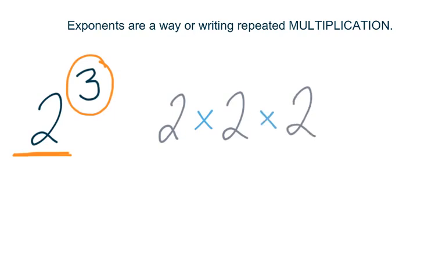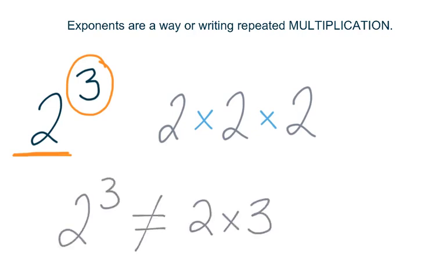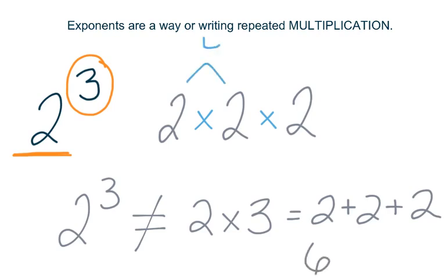Now, what you do not do, this does not equal 2 times 3. That is not what we did, okay? 2 times 3 is the same thing as 2 plus 2 plus 2, which is 6. 2 times 2 is 4. 4 times 2 gives you 8.